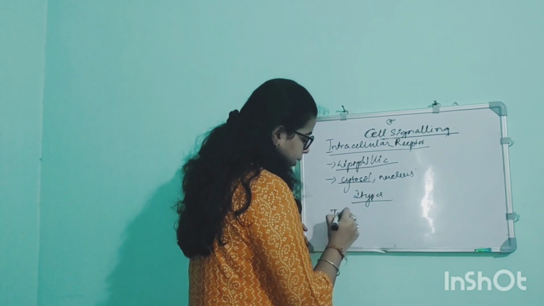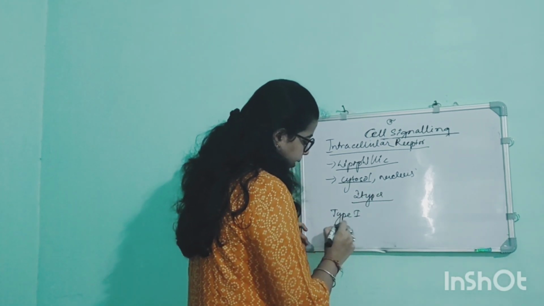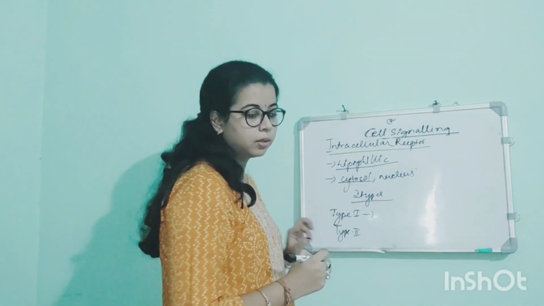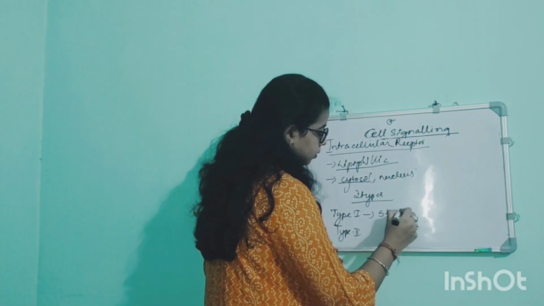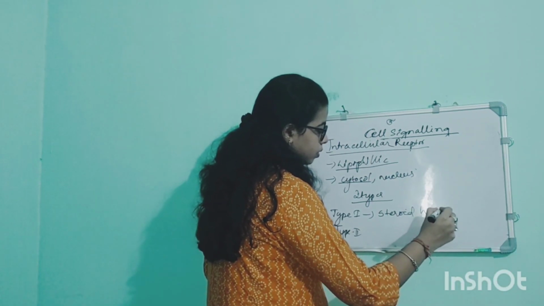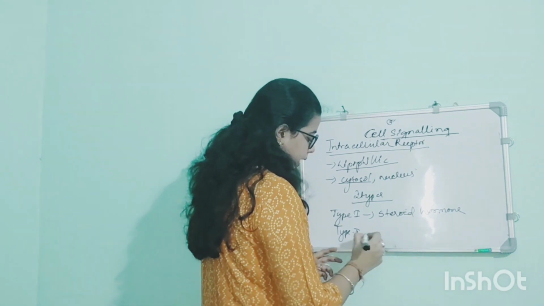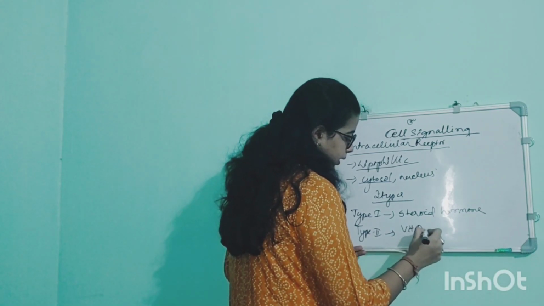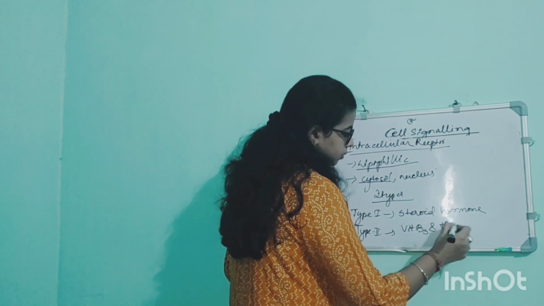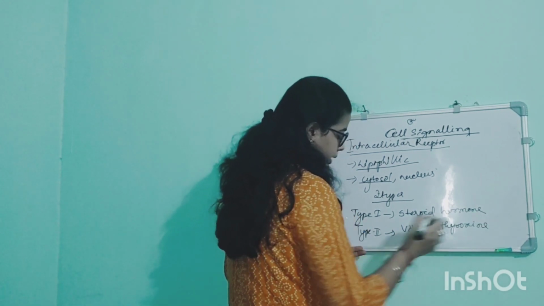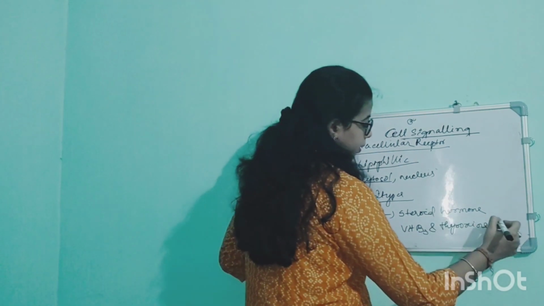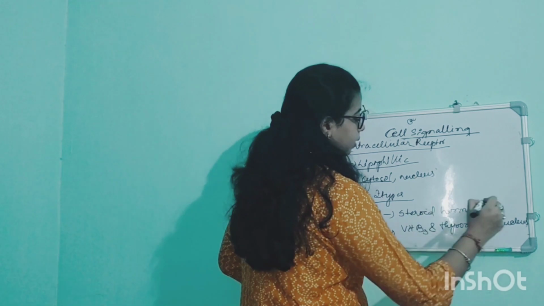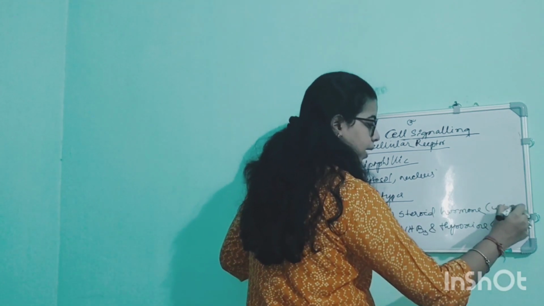That is type 1 and type 2. Type 1 includes all the steroid hormone receptors, and type 2 includes all the vitamin, vitamin D3, and thyroxine receptors. In type 2, the receptors will be specifically present in the nucleus, and in type 1 the receptor will be present in the cytosol.